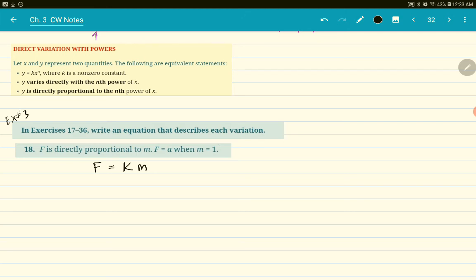We can use the fact that we have this point: when F equals A, then M equals 1. We can use that to find out what K is going to be. Solving for K, I can divide both sides by 1, and I get K equals A, so A is actually a constant. So I get F equals A M, where A is my constant of proportionality.